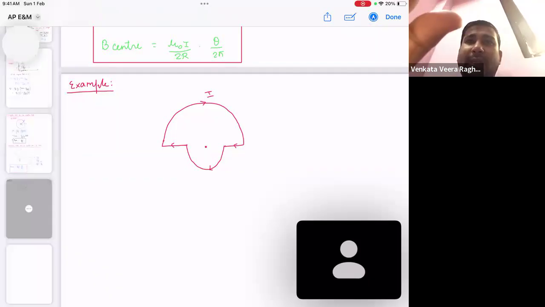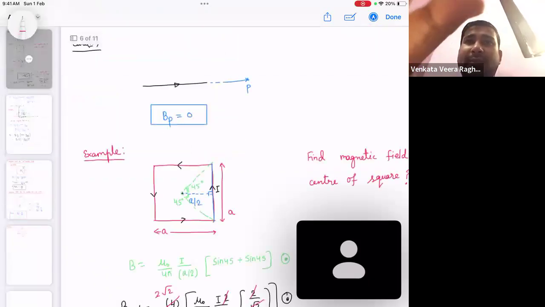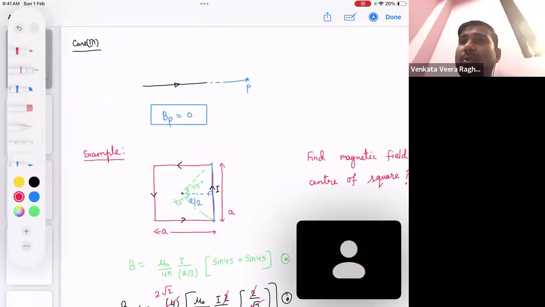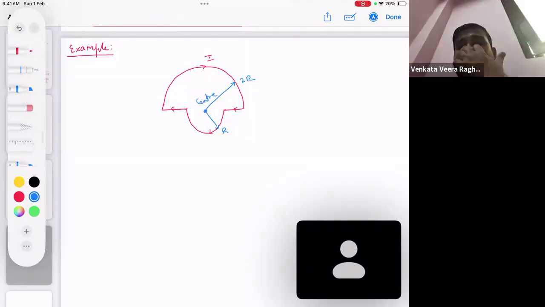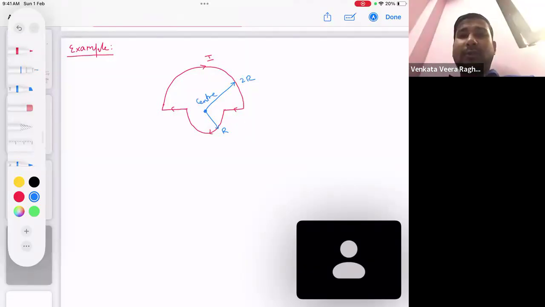The bigger arc has 2r radius, and the smaller arc has r radius. Clear? This radius is 2r and this radius is r, and this is the common center for both of them.